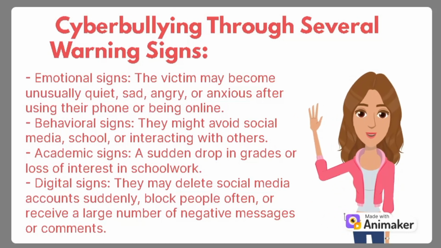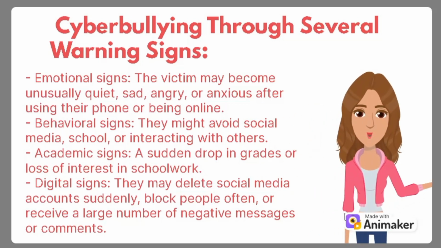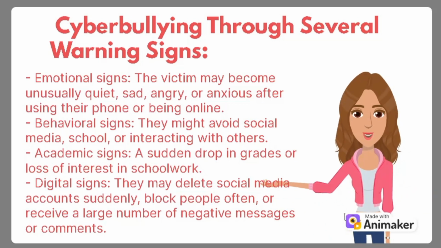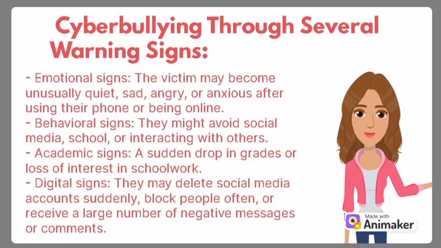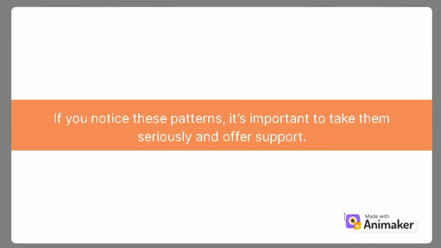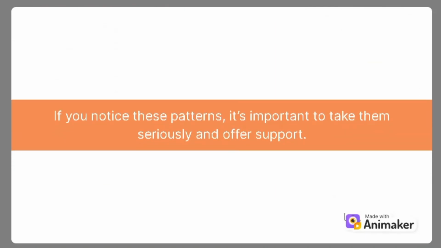Academic signs. A sudden drop in grades or loss of interest in schoolwork. Number 4. Digital signs. They may delete their social media accounts suddenly, block people often, or receive a large number of negative messages or comments. If you notice this pattern, it's important to take them seriously and offer support.